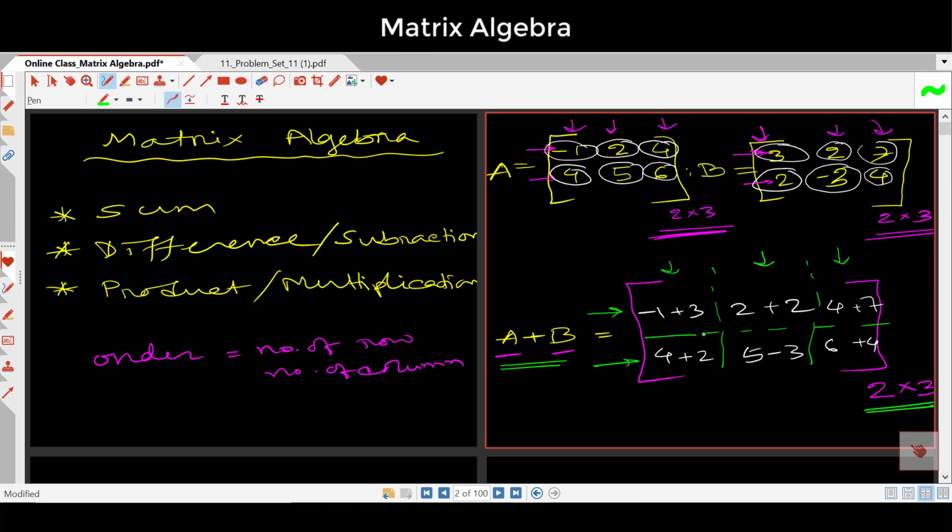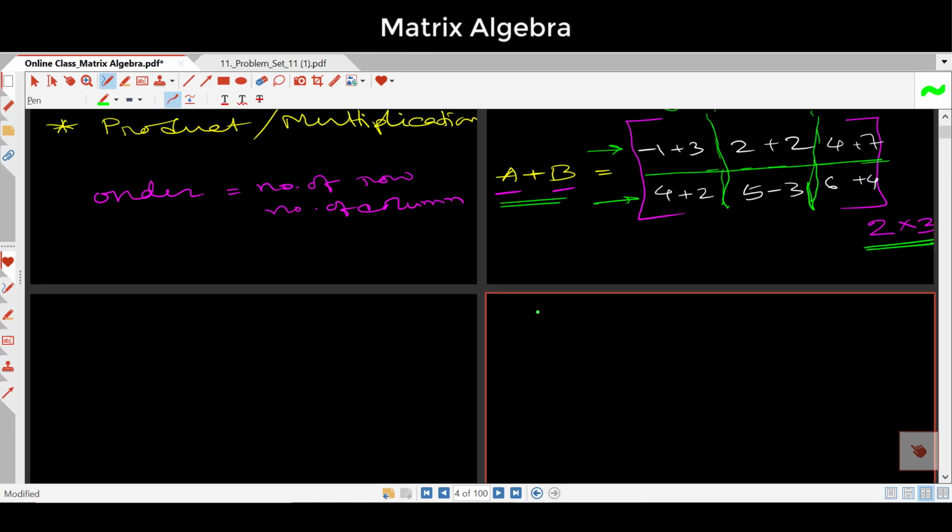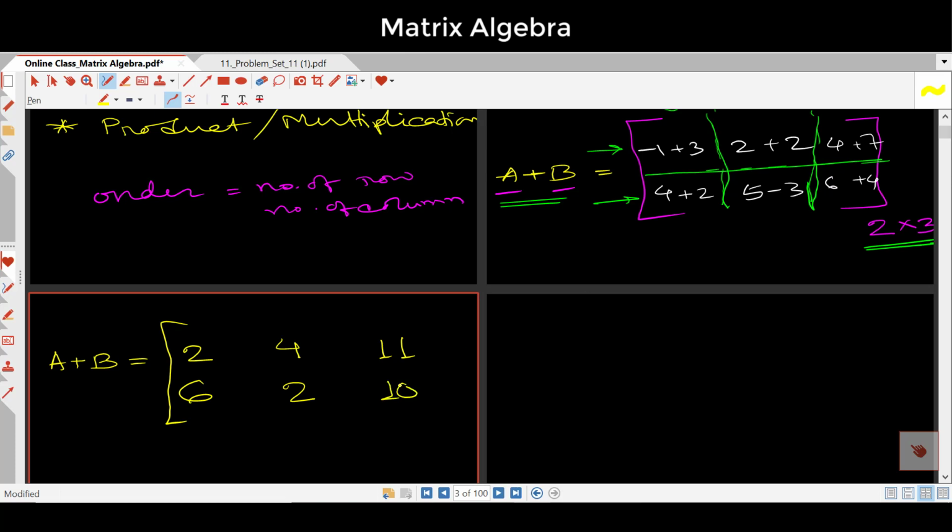Before starting my calculation, I have just separated the rows and columns. That will be easier for you to get the total insights. So here A plus B equals: you have now minus 1 plus 3, that is 2. 2 plus 2 is 4. 4 plus 7 is 11. 4 plus 2 is 6. 5 minus 3 is 2. 6 plus 4 is 10. So we are done with the addition.